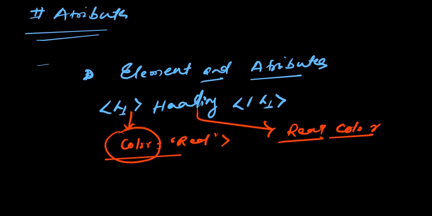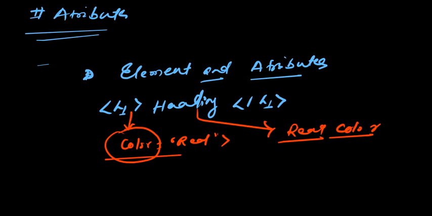Now I will demonstrate this and help you understand that if I add a style here, inside the style I write color, and in the color I select any color which makes a difference from the previous one, right?